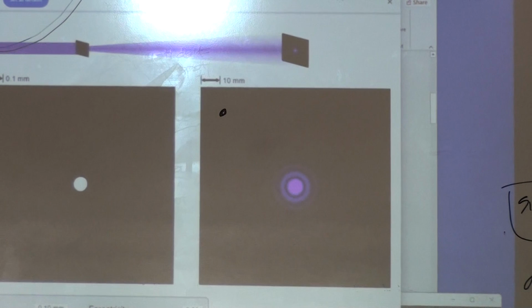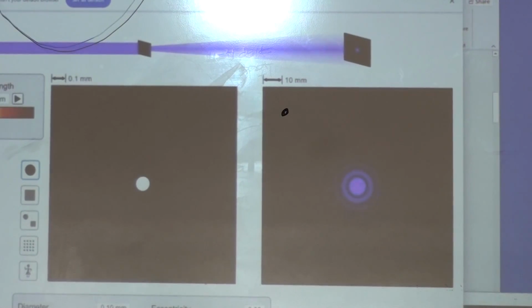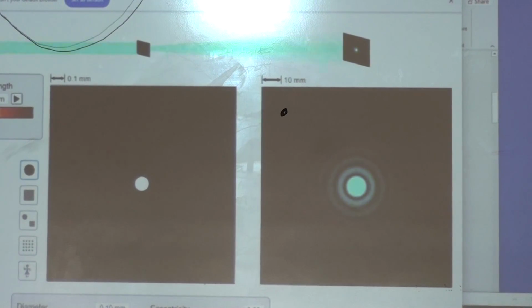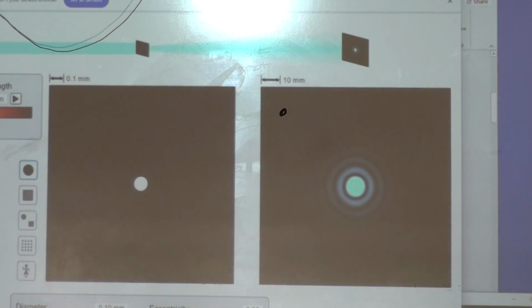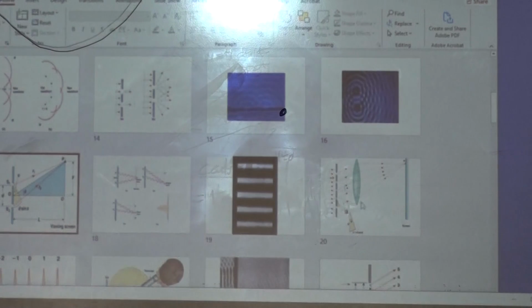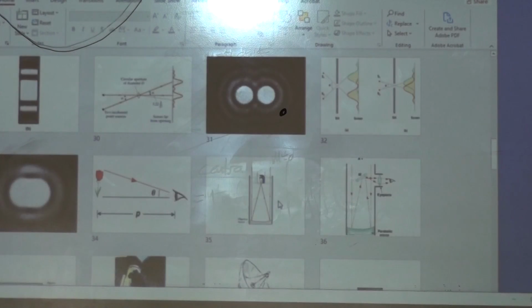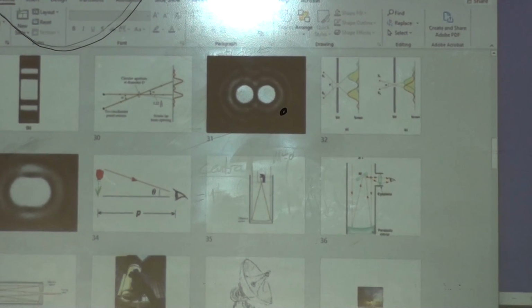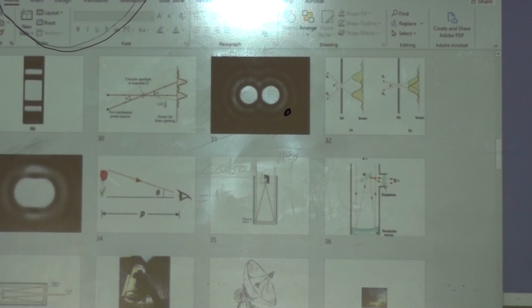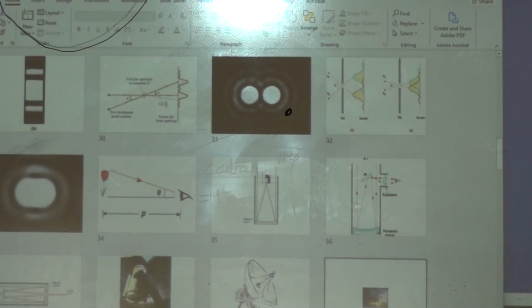And then this is for blue light, quite a bit smaller pattern. But they're all basically the same idea. So if we are looking at something like this, then this also affects our ability to see really small objects.